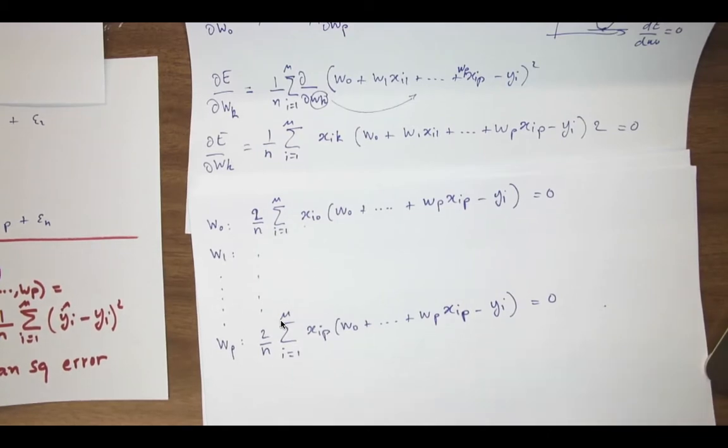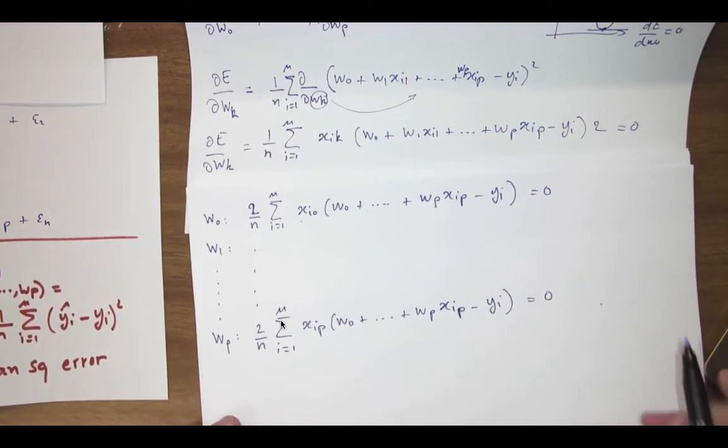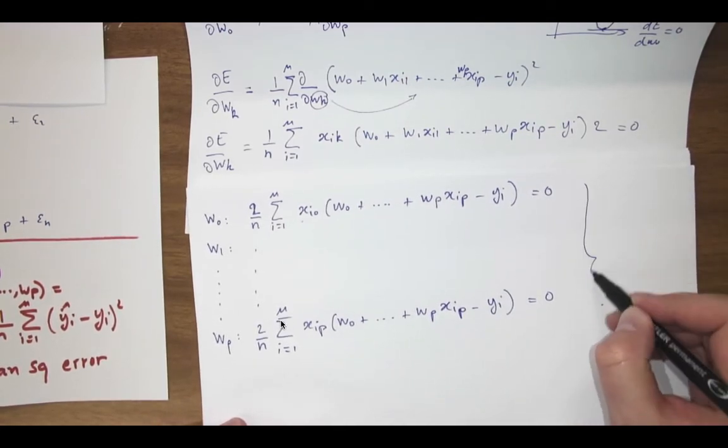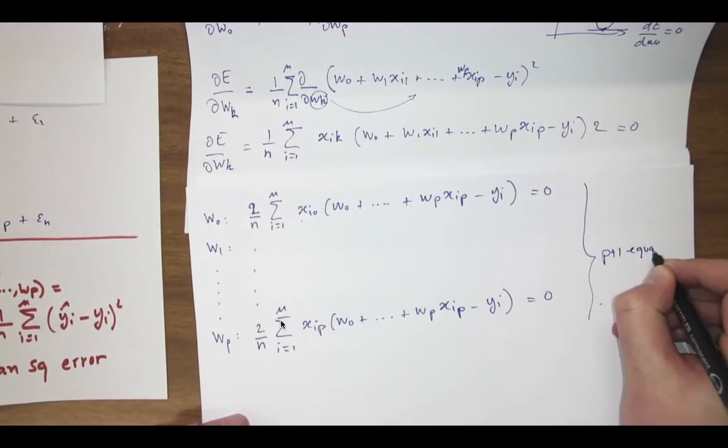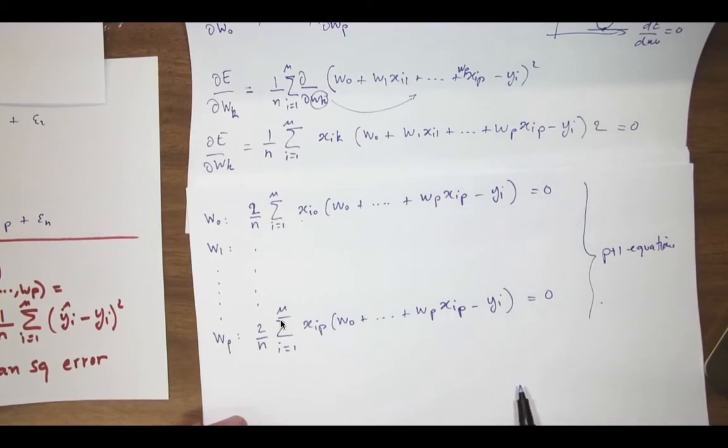So basically, with our conventional notation, we have p plus 1 equations.